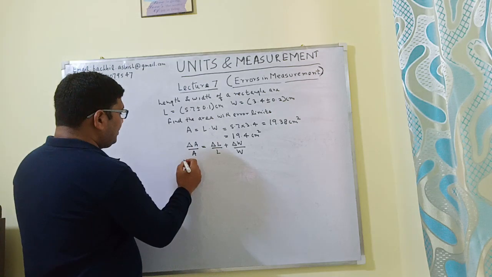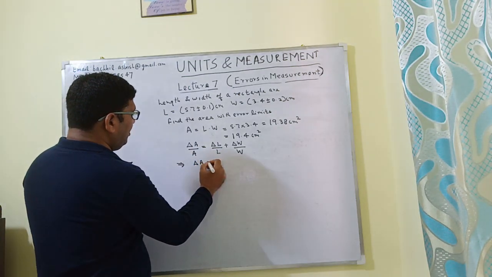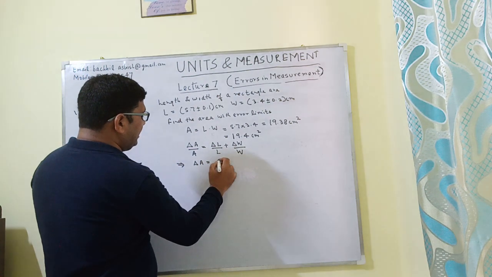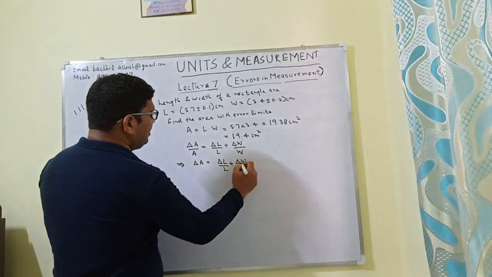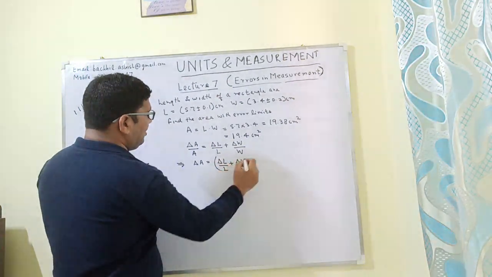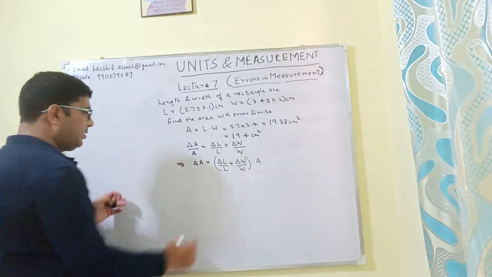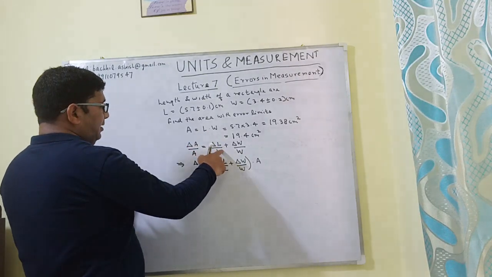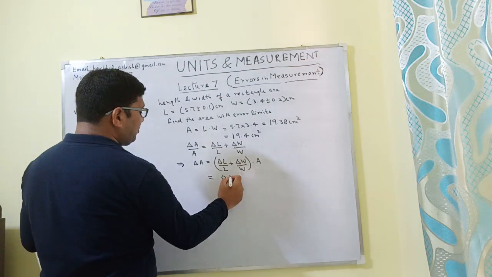Okay, so delta A will be equal to delta L divided by L plus delta W divided by W, into A. Now delta L is the absolute error in the measurement of length, which is given as 0.1.